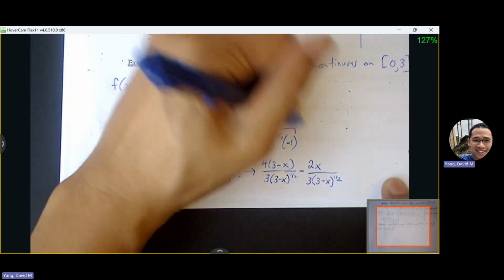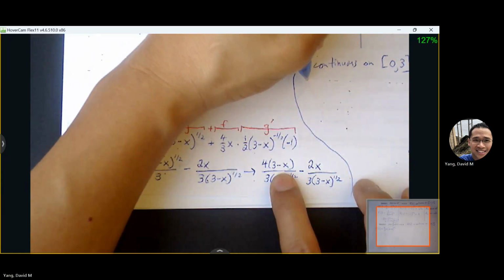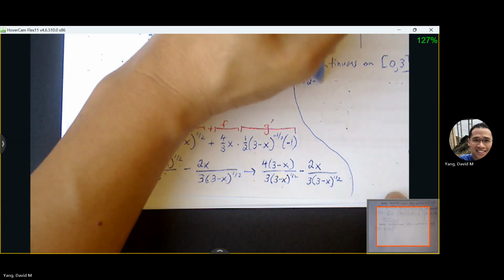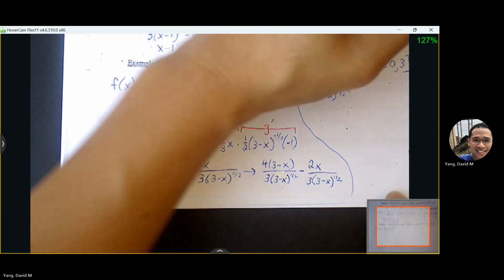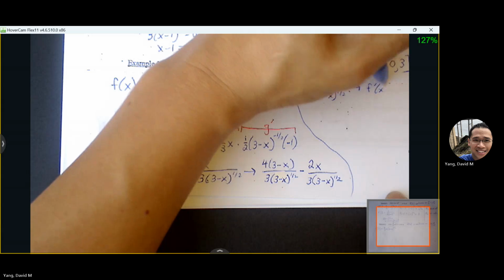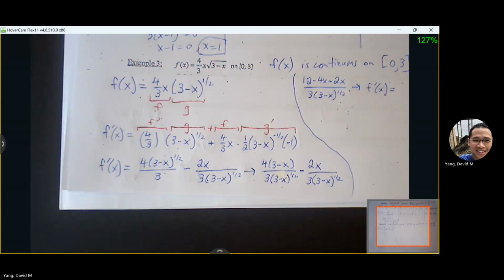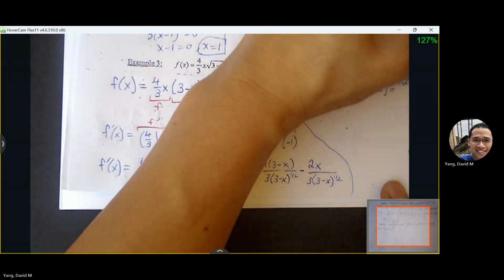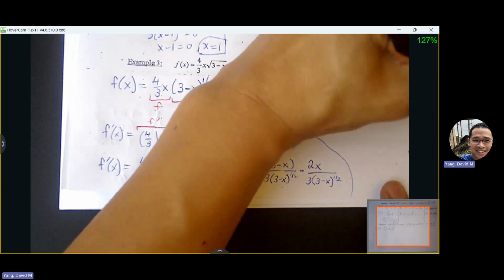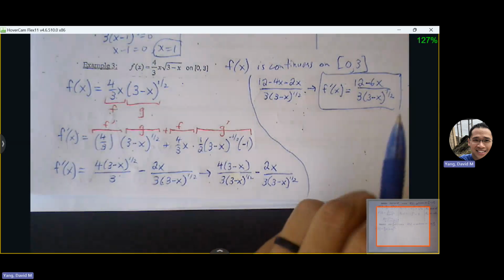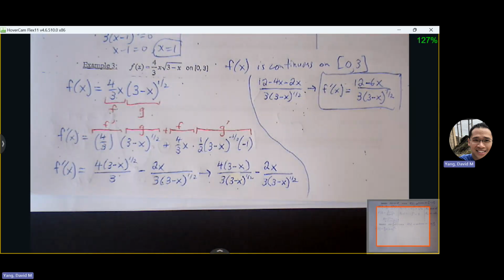Now this can merge to be... okay, so there's my cleaned up derivative that will allow me to clearly find my critical points from the numerator and denominator.